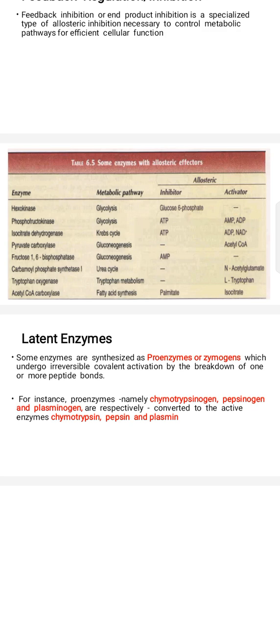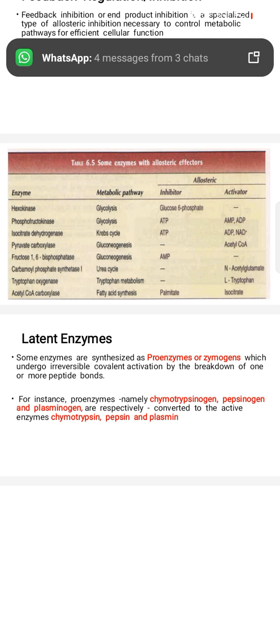So what this means is that for all the enzymes they've listed, the metabolic pathway is the one in which the enzyme works. So for hexokinase, it works in glycolysis.